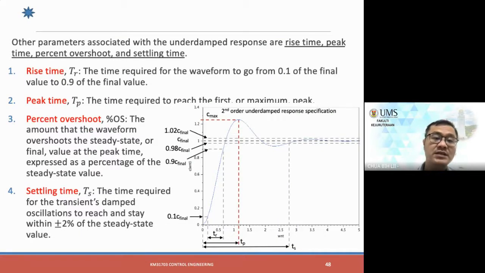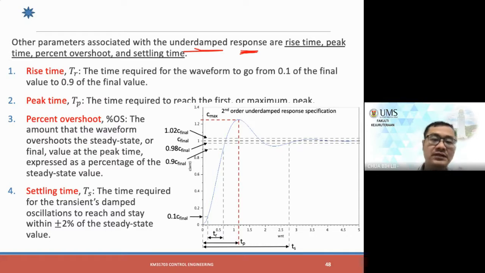Once we have that in mind, now what we would do is, again, quantify the response itself. We quantify the underdamped system because there is an overshoot, which makes it easier for us to generalize a second order system.